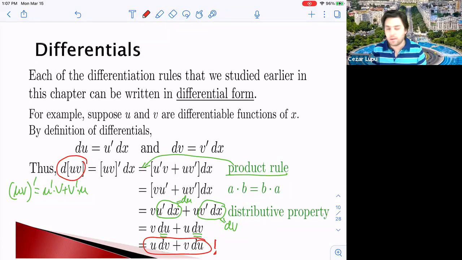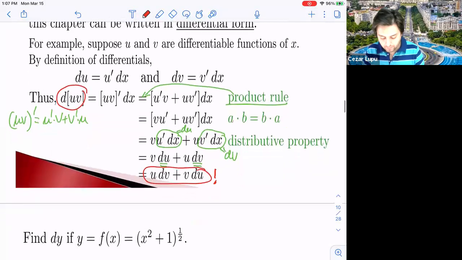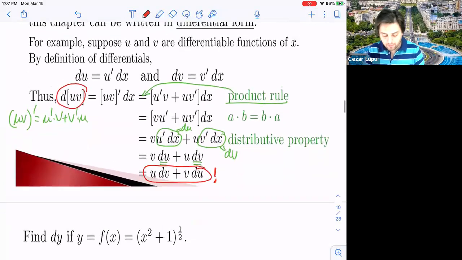And now let's see another example. The example that I have in mind is the following. Find dy if y is f of x, which is x squared plus 1, everything to the power 1/2. Think about it for a bit.